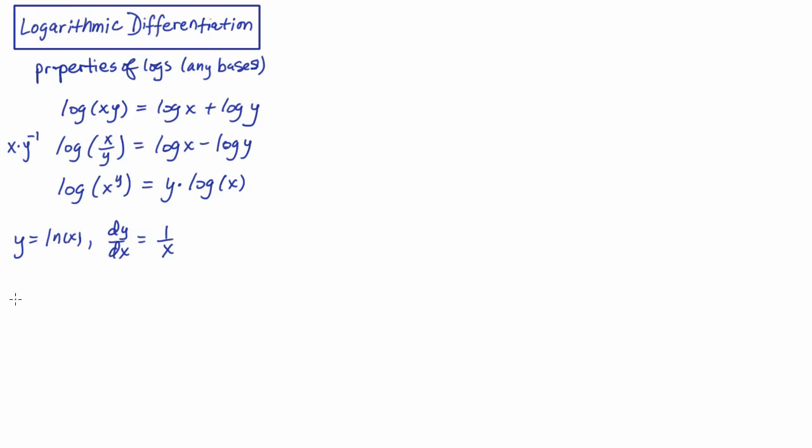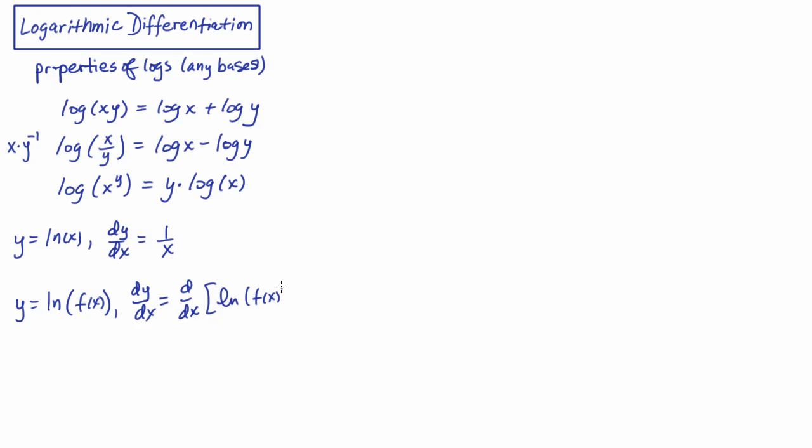Also, because of chain rule, if I ask you to find the derivative of the composition of the natural log with any other function as its input, then the derivative in this case, given to us by our chain rule formula (go back and look at the previous video if you don't remember chain rule), is given by the derivative with respect to x of the natural log of f of x.